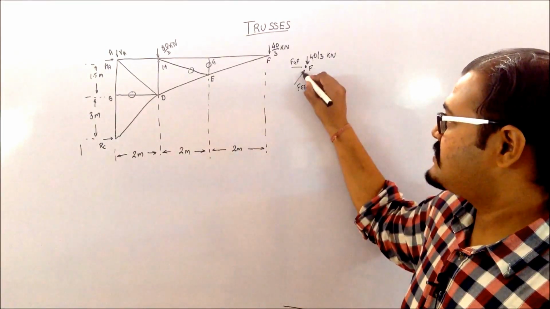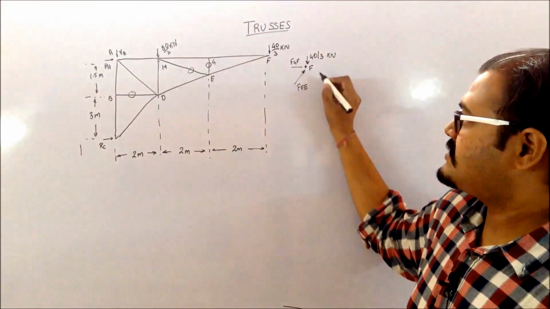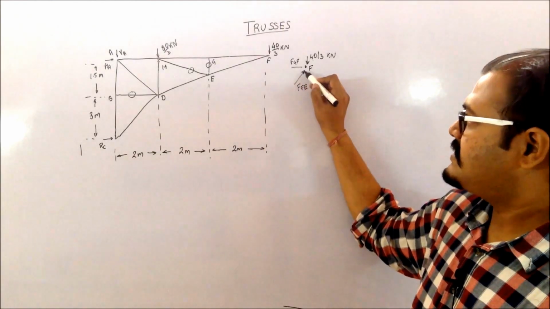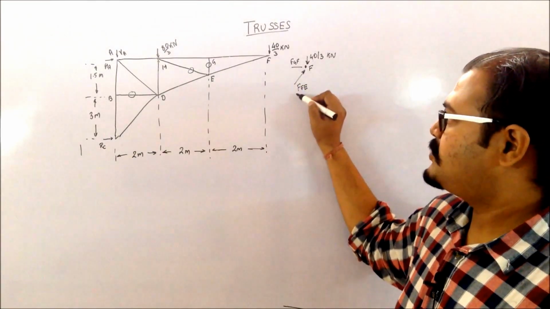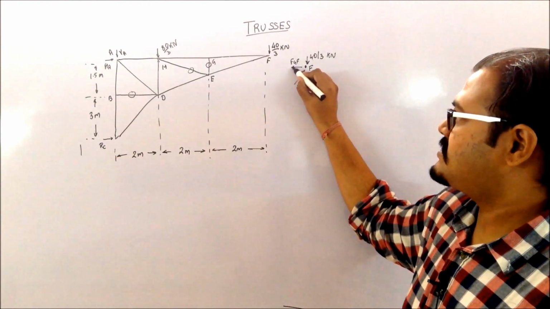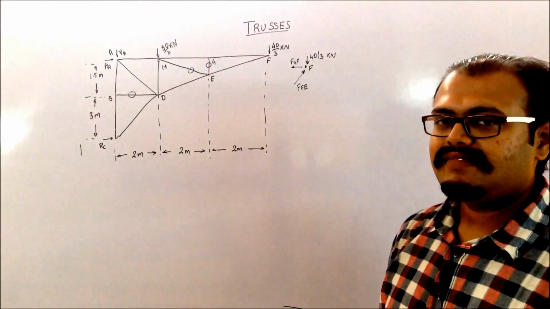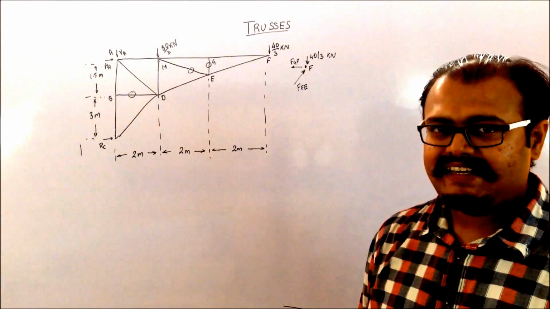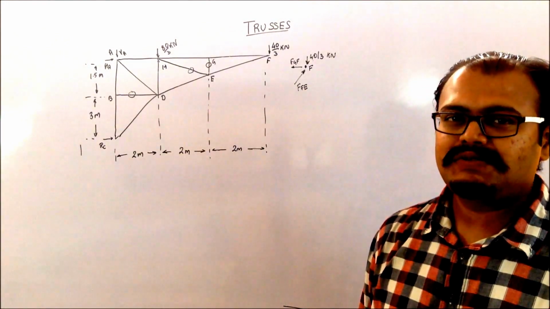Now since I have decided this direction, you can see that to compensate the x component of this force, the force in my GF should be a tension force. You can basically take any direction according to your needs.